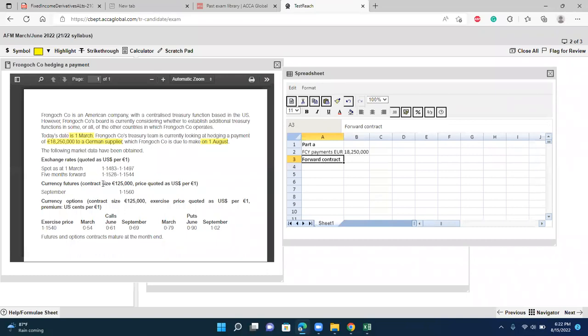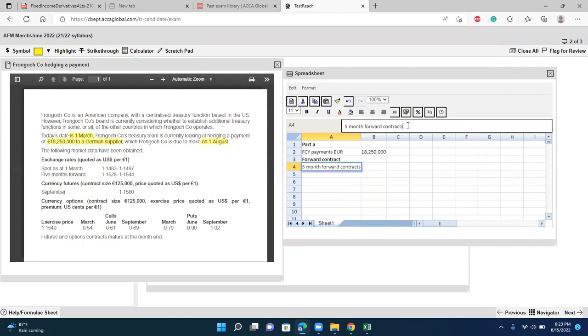Okay, this one is very easy. The 5-month forward contract is given, and the rate is 1.1544 dollar over euro.